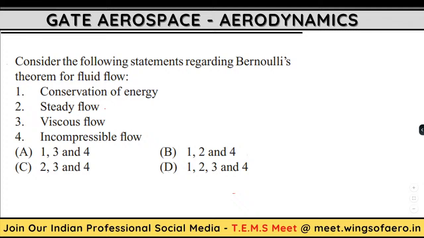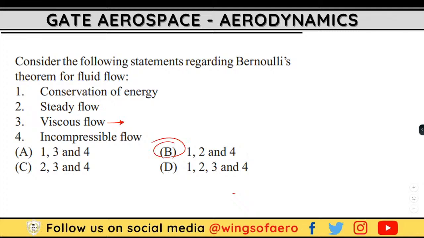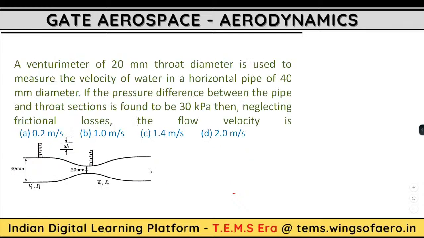Because the flow is inviscid. Yes, very good. Because the flow is inviscid, as I said, they have mentioned that the flow is ideal. So this is the right answer. You can expect such kinds of questions. Moving to the next.